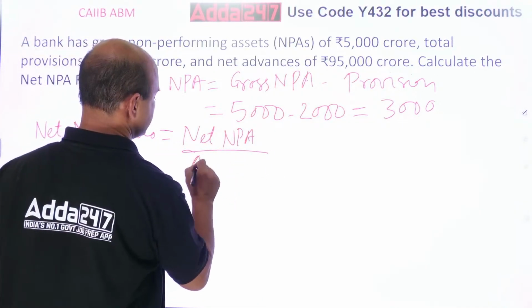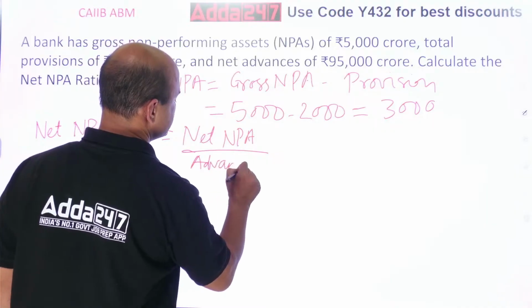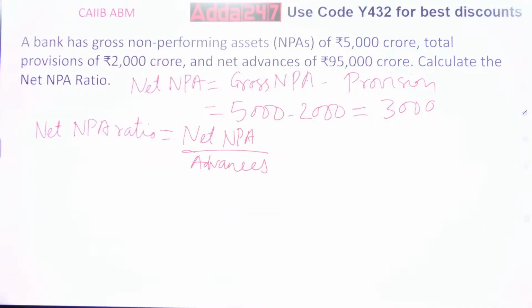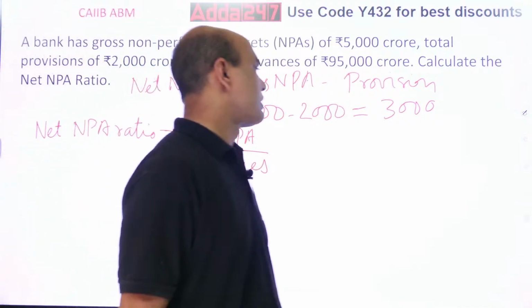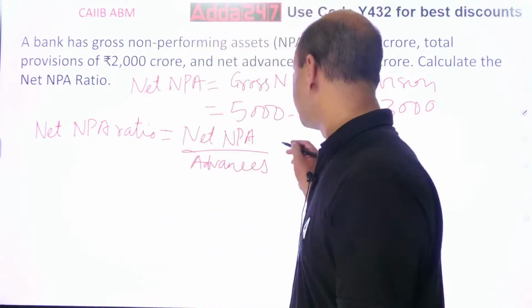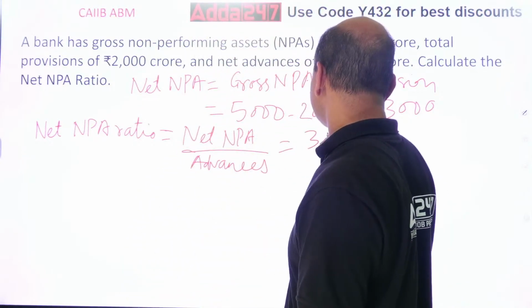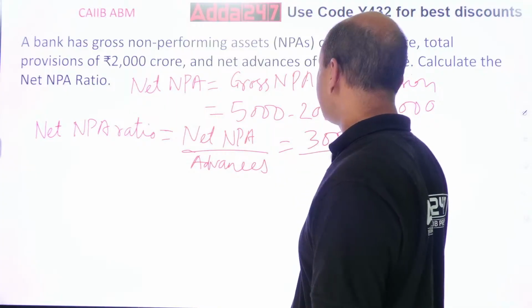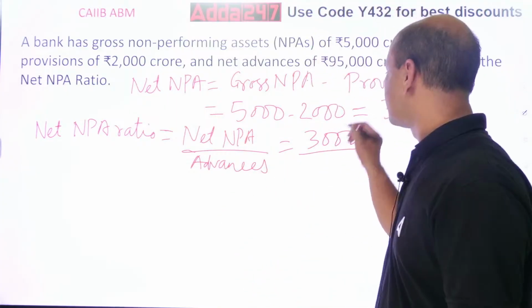Net advances. What are the advances given? So net NPA upon total advances. Whatever is net advances given. So what is it given? Net advances. So get it now. 3,000, I think so. Yeah. 3,000 is your net NPA divided by what is your advances? Advances are 95,000.